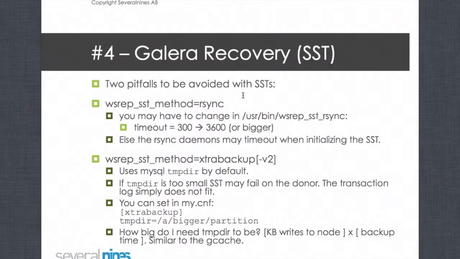You have to start by looking at the donor, and you can look there in the MySQL log of the donor, and also in the innobackup.backup.log, to see if there are any causes that prevent the SST from completing. And there you would catch things like running out of disk space, for example, in the tmpdir partition.